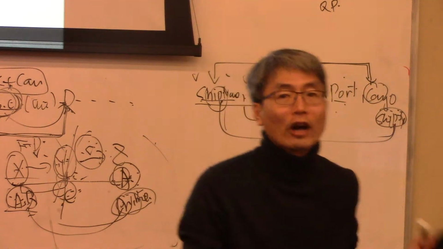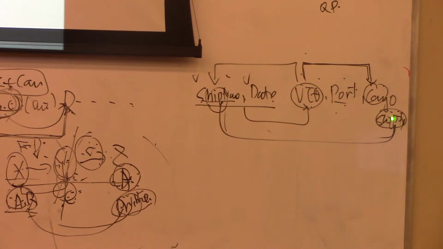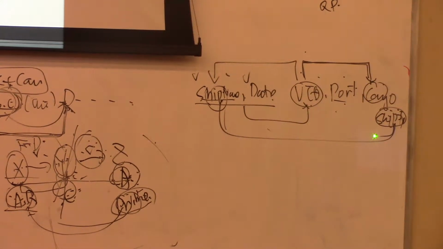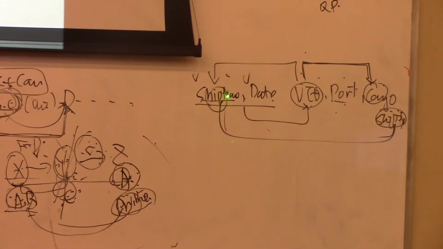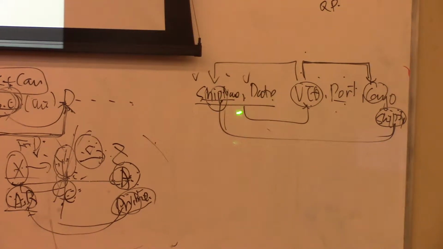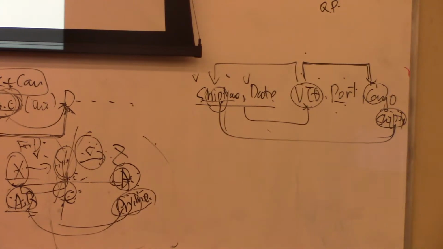We can take out the part where ship name determines the ship type. So for the second normal form, ship name determines ship type, so we can take out this part.